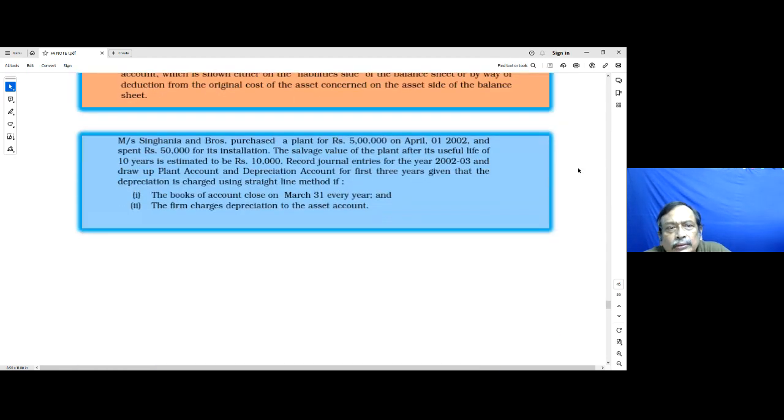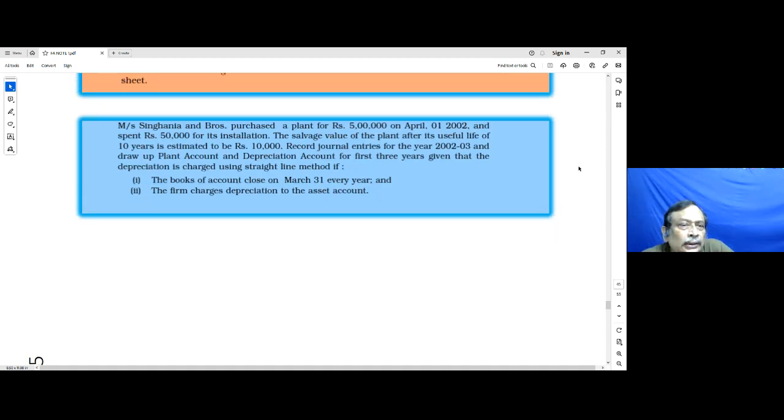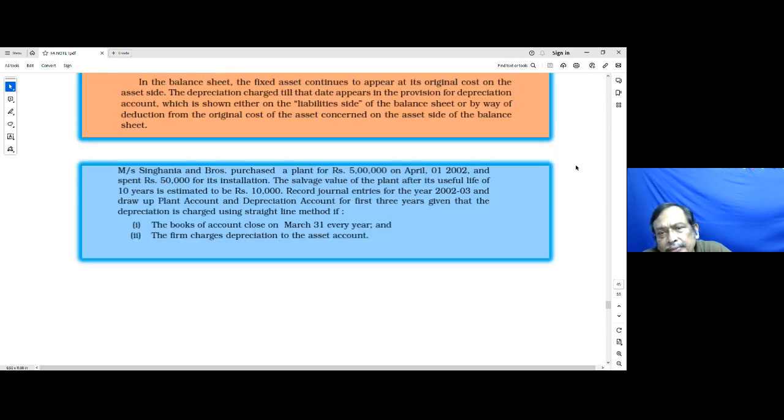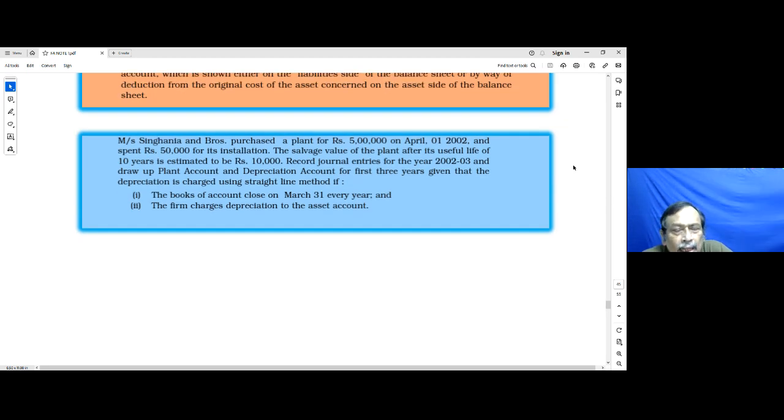Now we are coming to solve one problem. Singanta and brothers purchased a plant for rupees 5 lakhs on April 1, 2002 and spent rupees 50,000 for its installation. The salvage value, meaning scrap value of the plant after its useful life of 10 years, is estimated to be 10,000.